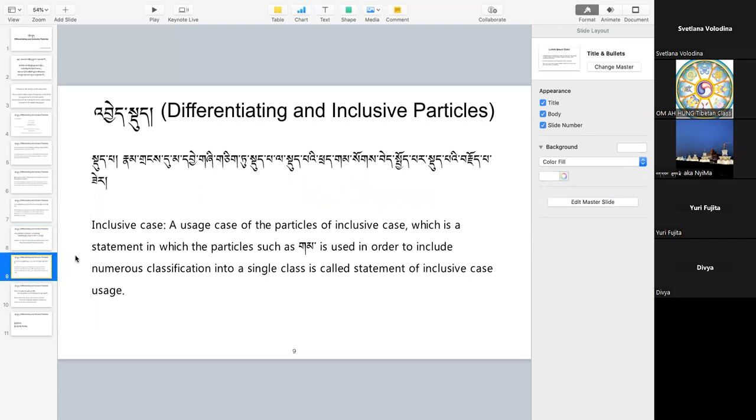Okay, so now the second direct usage case, duba. Namdang tuma yeshi jita duba la, dube te kamso pejuba, dube juba sirs. So inclusive case. A usage case of particles of inclusive case is a type of statement.